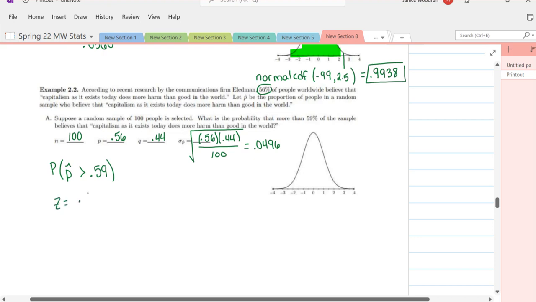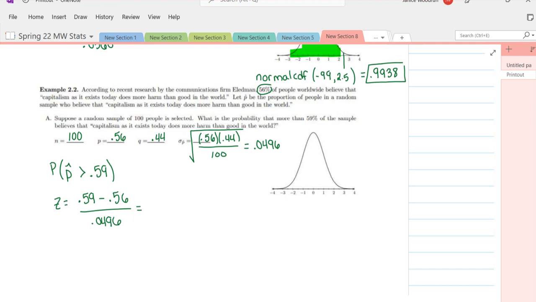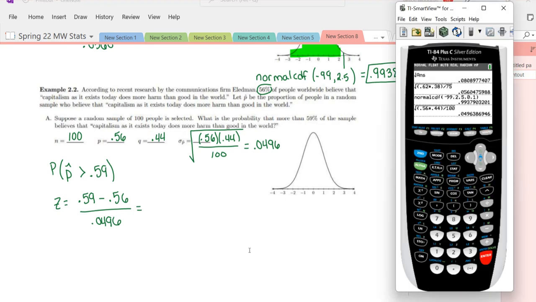We will go 0.59 for my p hat minus p, 0.56, over my standard deviation, 0.0496. Okay, so 0.59 minus 0.56 divided by 0.0496. We have 0.6048.